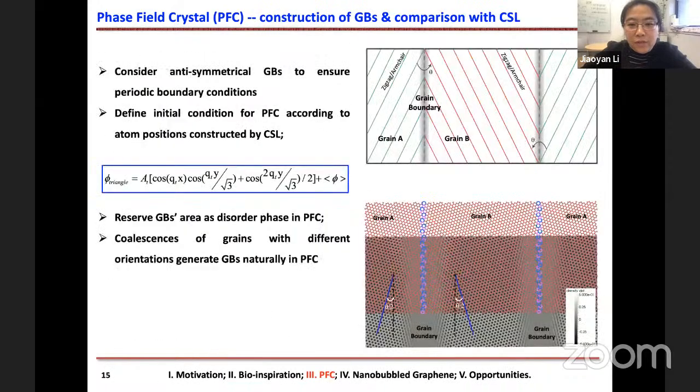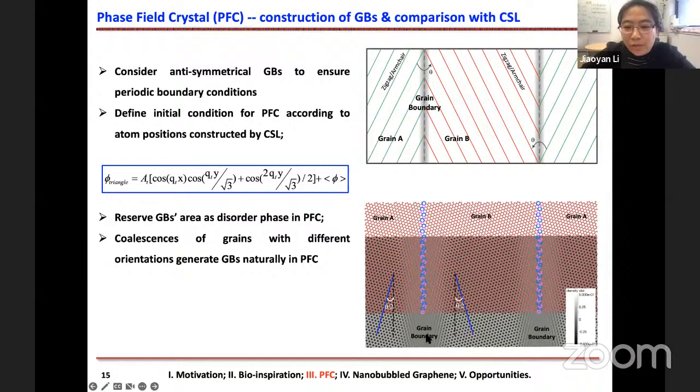Therefore, for our initial boundary, the top part is from the CSL. That's the known information. Especially for the grain area, we know the direction of the grains. Based on this information, those atom locations are the high density areas, so we initialize those areas with phi equals 1, and for other areas we set phi equals 0.